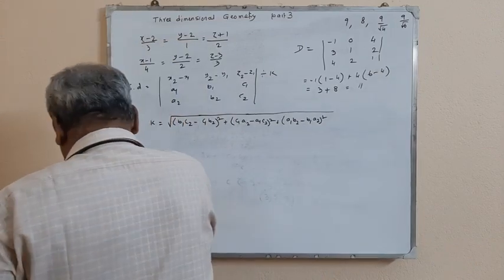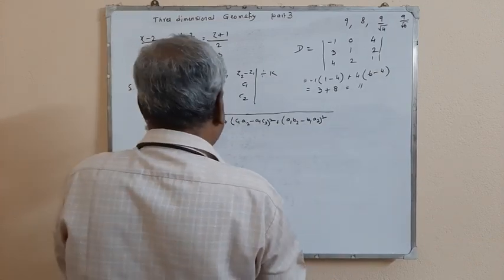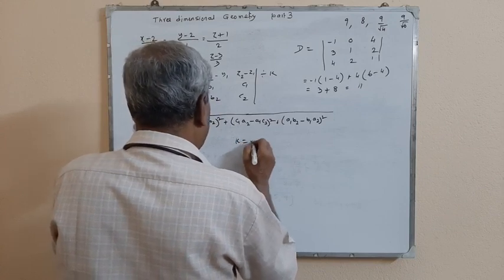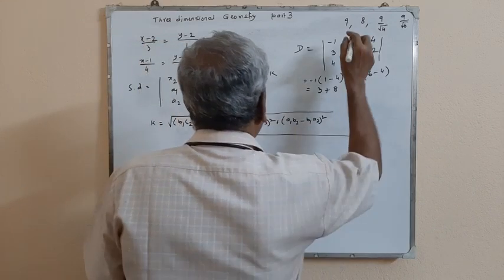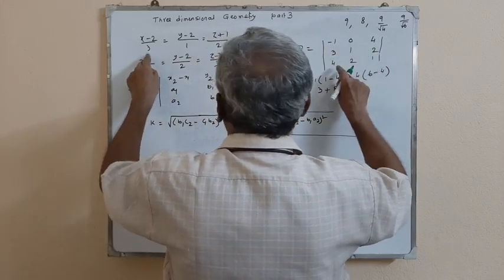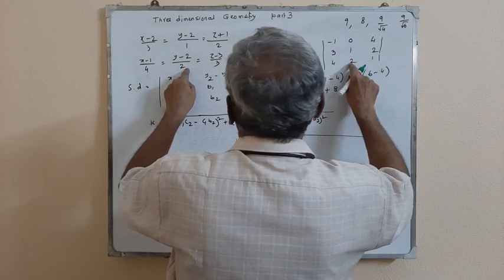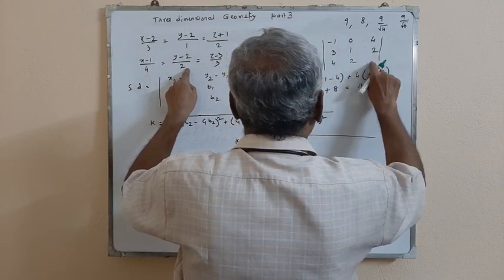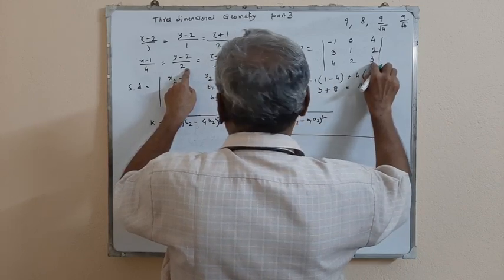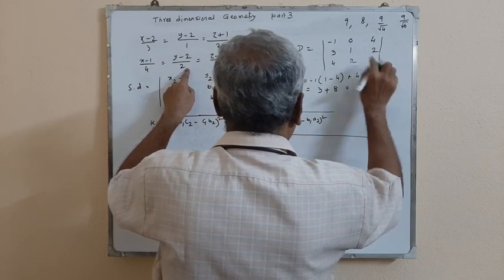now calculate k. K is the root of the cofactor of this, 3, 1, 2 and 4, 2 of this is 3. My mistake, another mistake is there, 4, 2, 3.